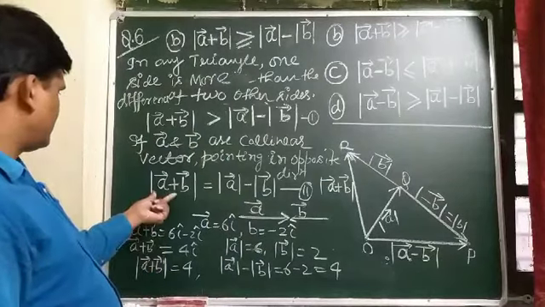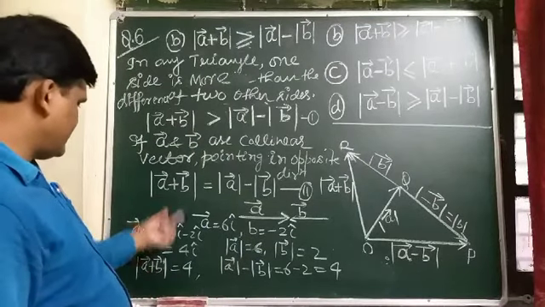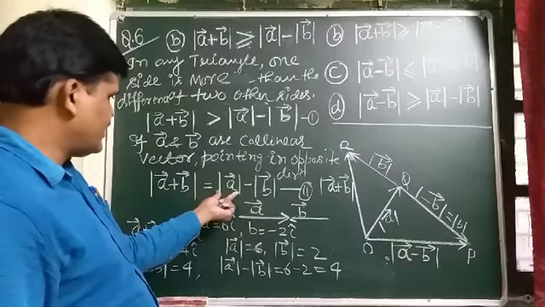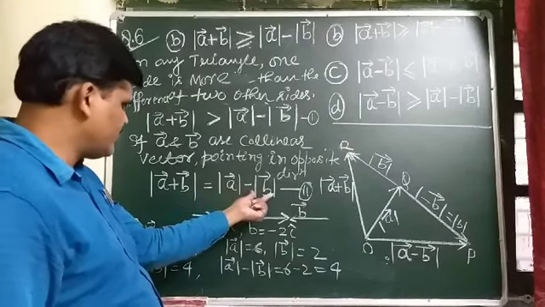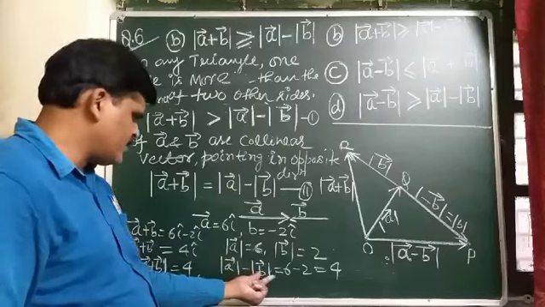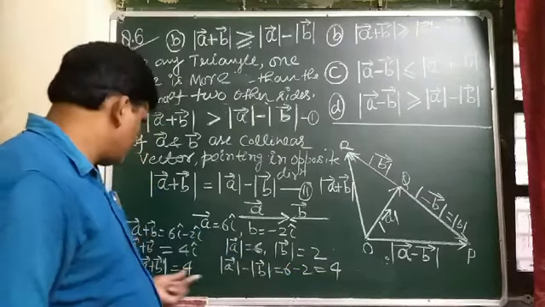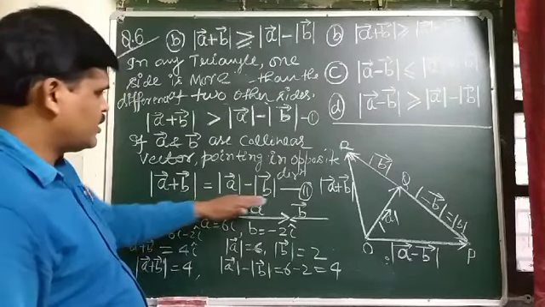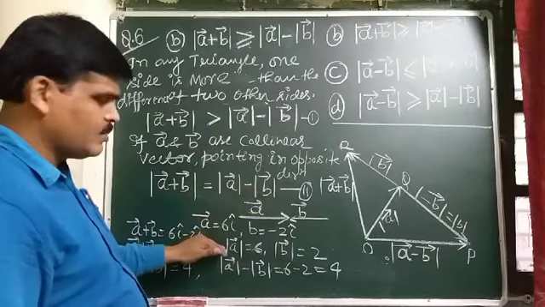So mod vector A plus B, which is 4, is equal to mod A vector minus mod B vector, which is 4. So by taking the example, equation 2 is completely fulfilled.